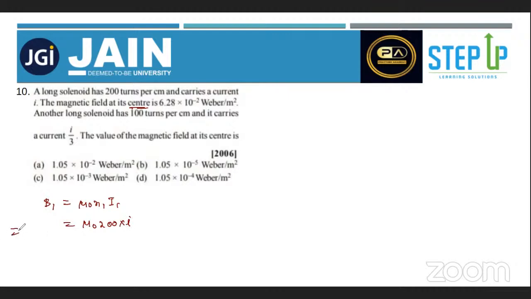B is given to you as 6.28 into 10 raised to minus 2. And I have B2, which is again mu naught. Number of turns here is 100, 100 per 100. I becomes I by 3. Okay.